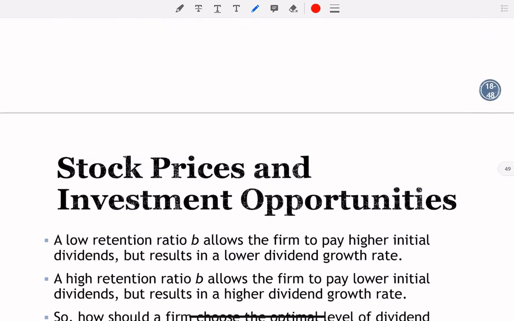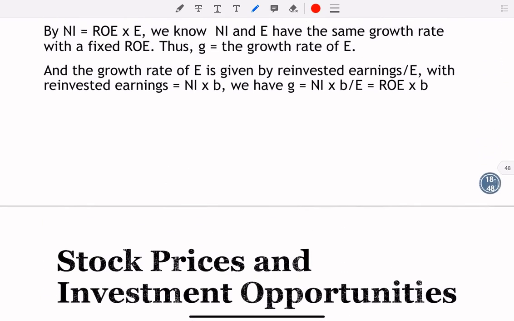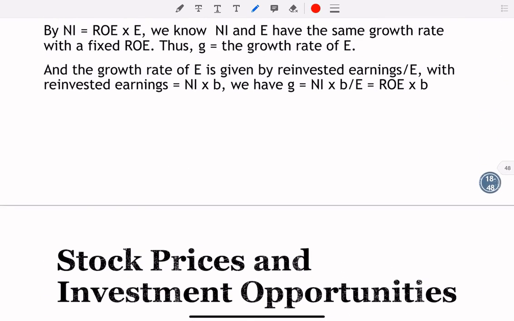Now, let's think about how this plowback ratio B should affect stock price. Let's first start with the dividend discount model, and think about how the plowback ratio would affect your dividend payout and the growth rate. As I said, we start from the dividend discount model.